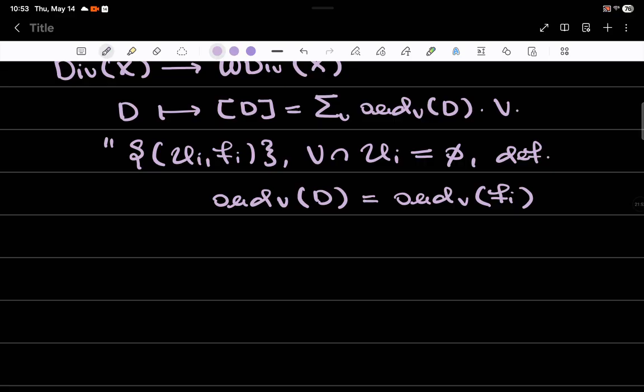So the orders of vanishing are well defined because the order of vanishing of a unit is just 0.